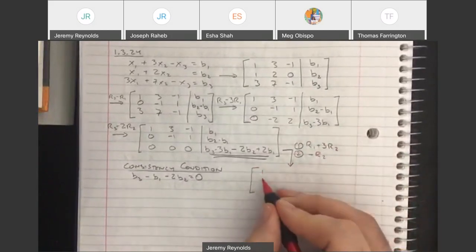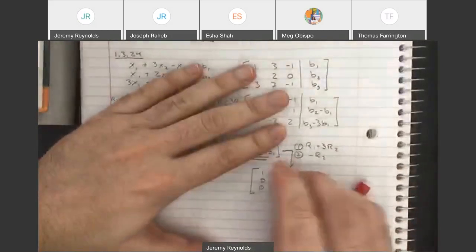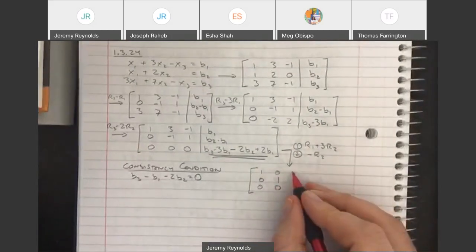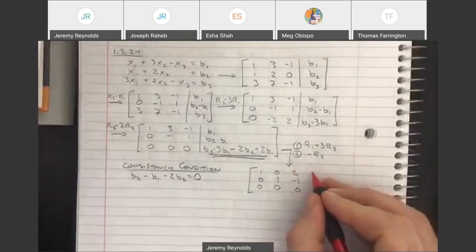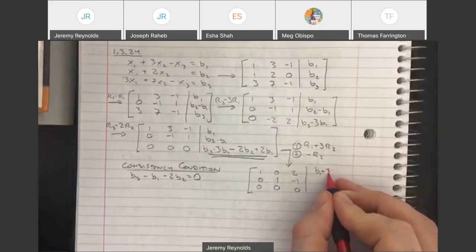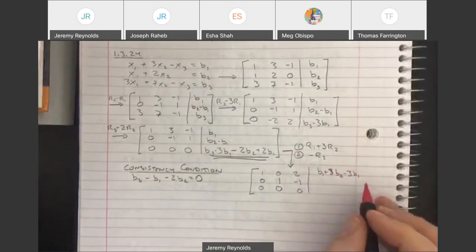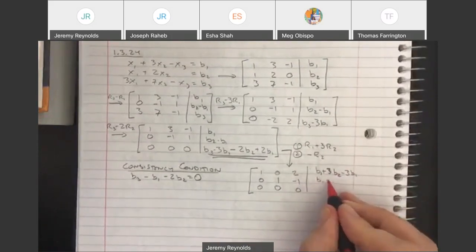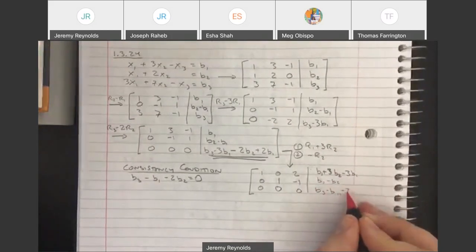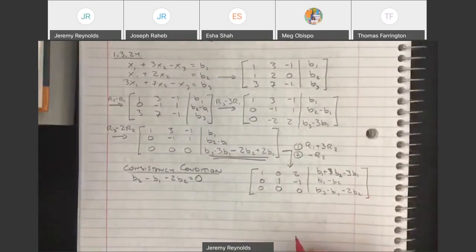This will give us our reduced echelon form: 1, 0, 2, -1, 0. Okay, so now we have our reduced echelon form.